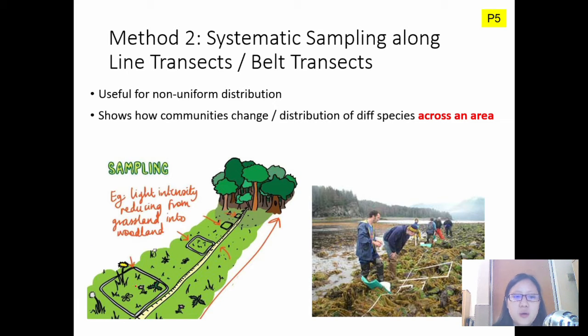Maybe there are flowers in the grassland but not near the woodland, and to figure that out, you count using this systematic sampling technique. In this case here, you can see that they are taking measurements across a river bank of some type. I assume that this is a river. I don't actually know, it's not very obvious here.